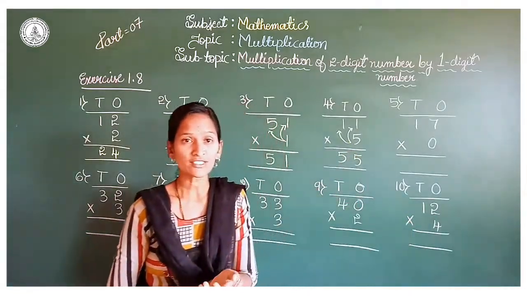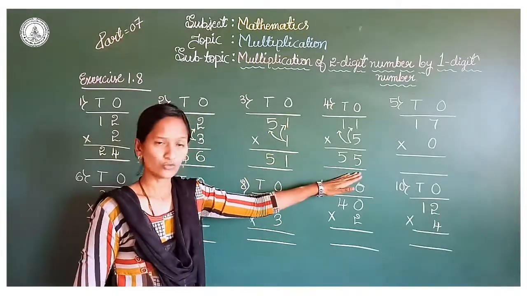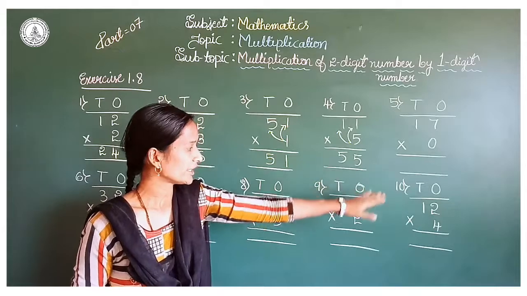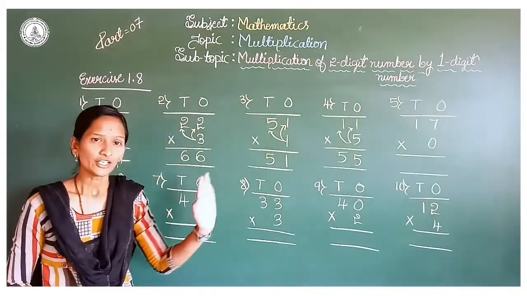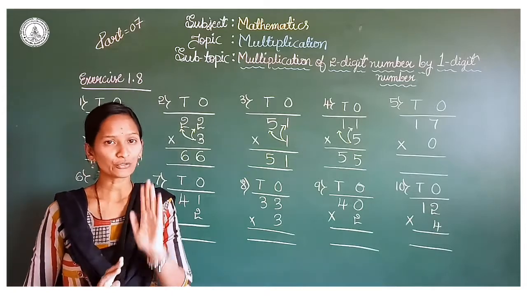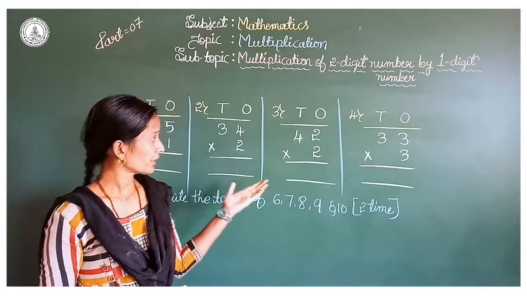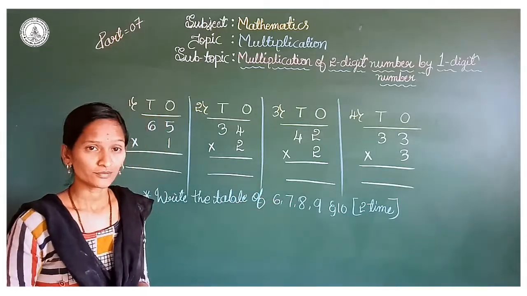So my dear students, I showed how to solve the problems up to the 4th, right? The remaining problems you have to solve at home. Now I will give some homework to you. Here is your homework. Write down.